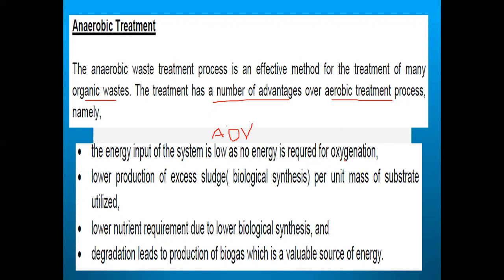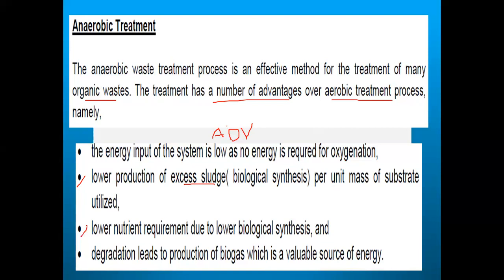What is the second one? The second one is lower production of excess sludge per unit mass of substrate utilized.